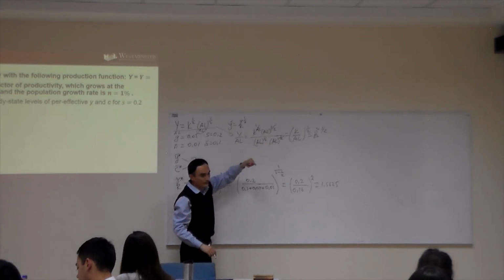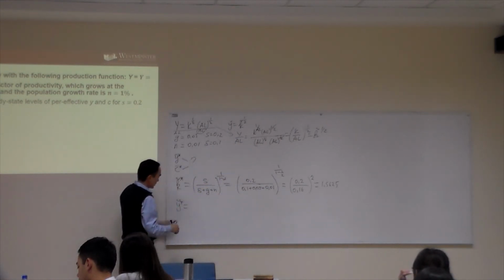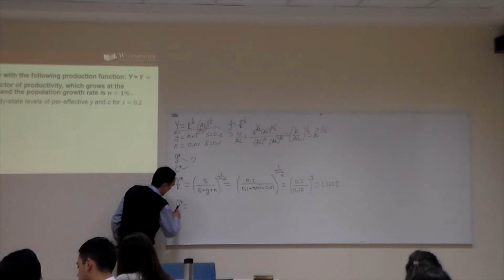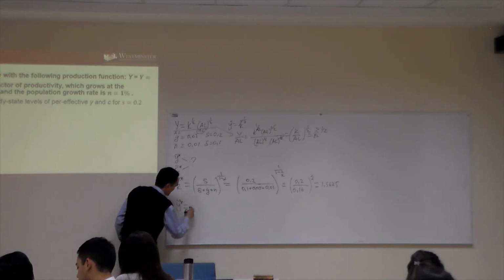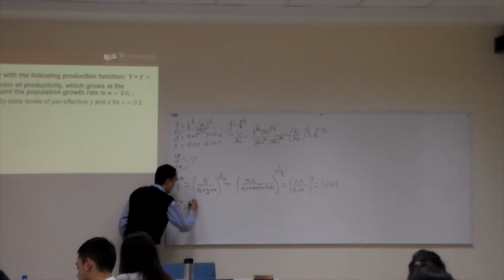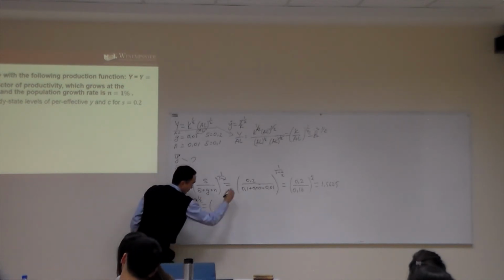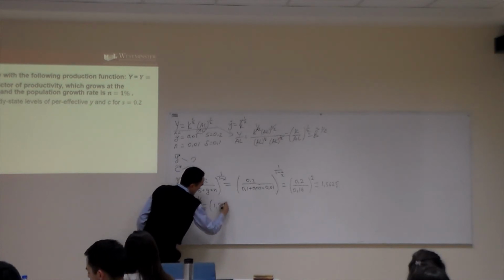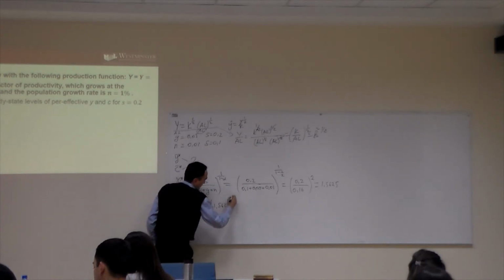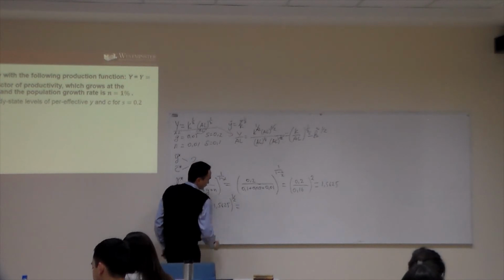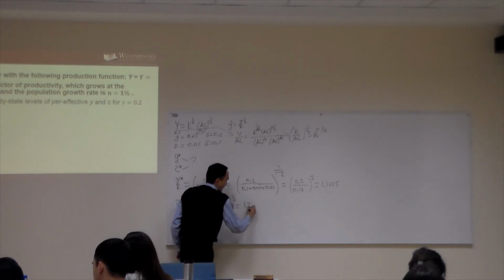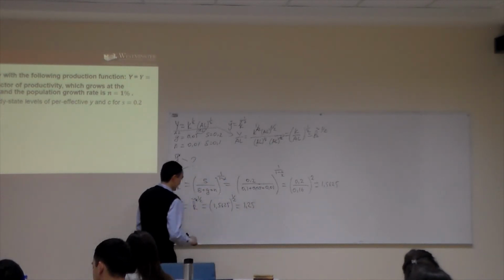So once we have it, we can easily find what our output per effective labor in steady state is equal to. It's equal to capital per effective labor in steady state to the power of 1 over 2, which is 1.5625 to the power of 1 over 2, or it's equal to 1.25. Okay, good.